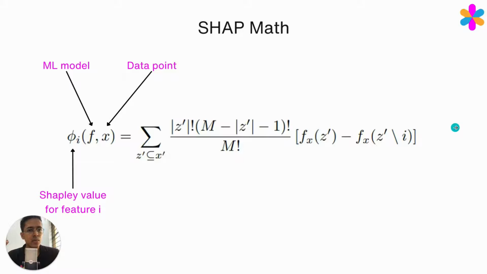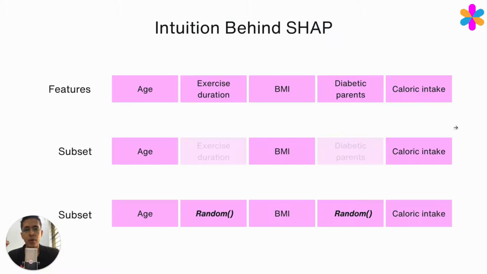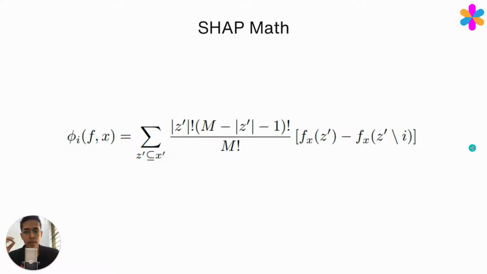In this case, the input data point is the value of these 5 features: age, exercise duration, BMI, diabetic parents, and caloric intake for one particular patient. Those are the input values. So the Shapley value is a function of the ML model and the particular input value. And in this case, the ML model is a trained ML model because it's making a prediction, right? We are inferencing something from it.